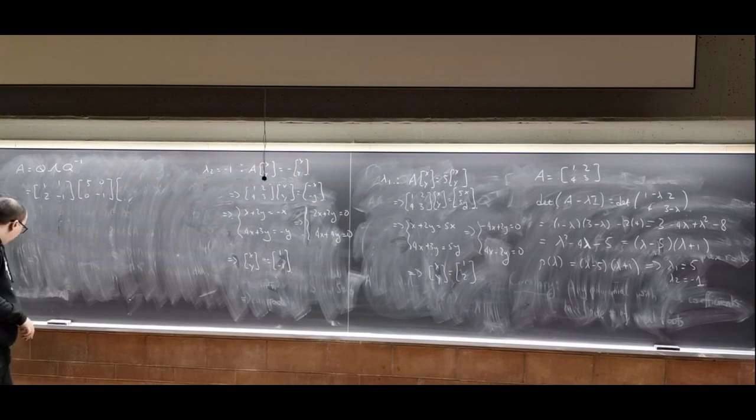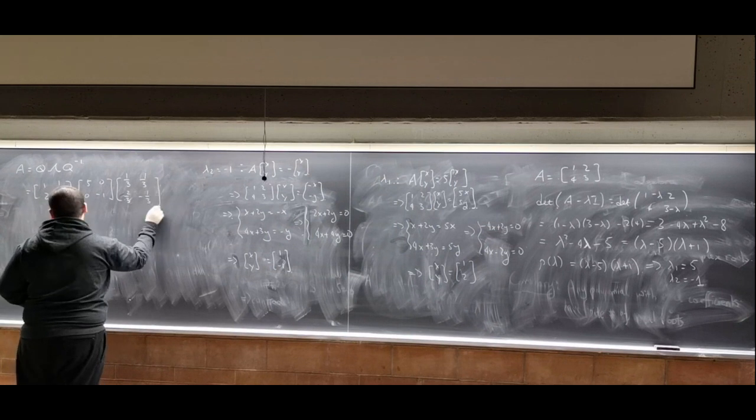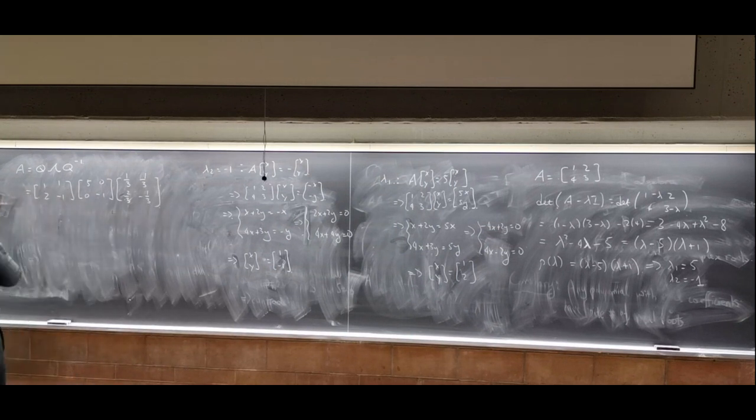Something like that. So the inverse is going to be 1/3, 1/3, 2/3, minus 1/3. Of course that is the case. What was I thinking? I forgot the formula for 2x2 inverses. Whatever, I don't care. So this is the result of our diagonalization.